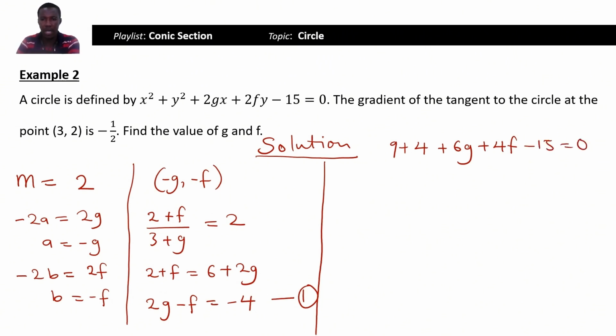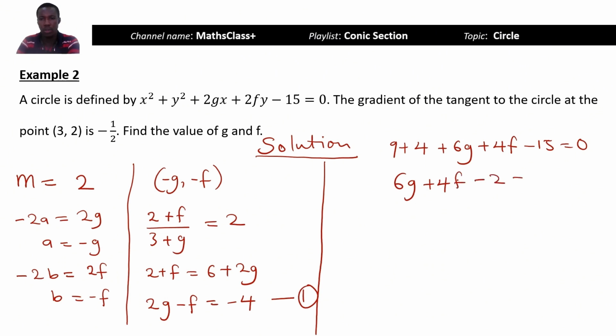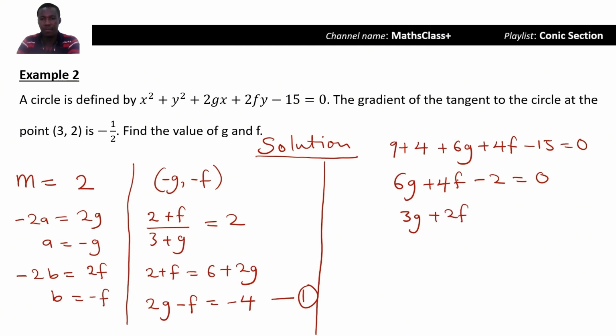When we simplify, we get 6g plus 4f minus 2 is equal to 0. If I divide through by 2, I get 3g plus 2f is equal to positive 1. That will be equation 2.